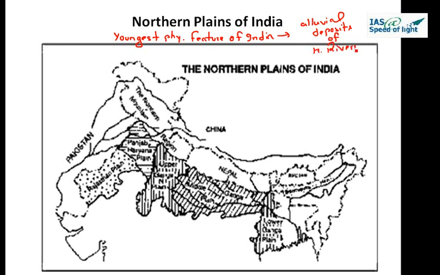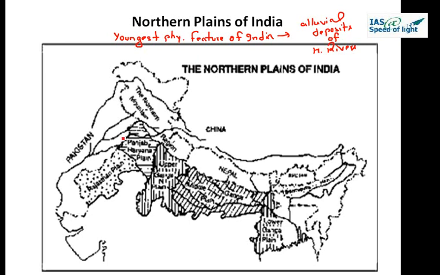So now, if a question is asked to give the sequence of the divisions of India in terms of their geological history, then the first one would be the Peninsular Plateau, then it will be the Himalayas, and then the northern plains of India. So, youngest physical feature of India. Now, there are basically three divisions for northern plains of India.